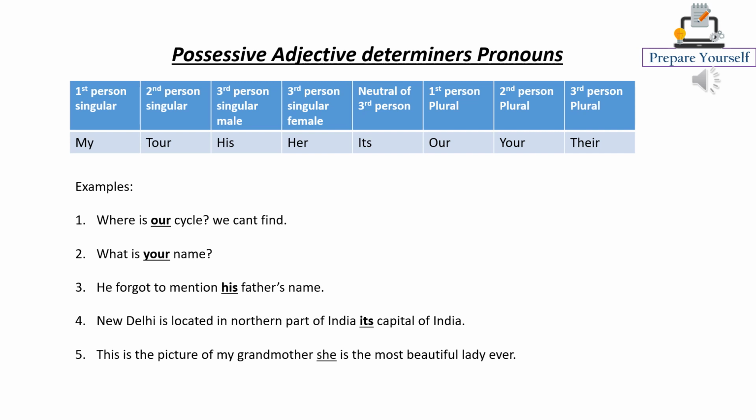New Delhi, in this, it's capital of India. Here, India is a noun. She is the most beautiful lady. Here, lady is a noun. No matter proper noun or common noun, but possessive adjective, determiner, pronoun should be followed by the noun.